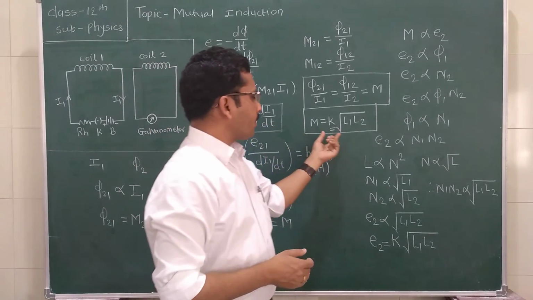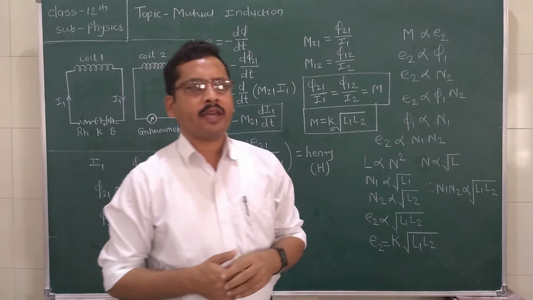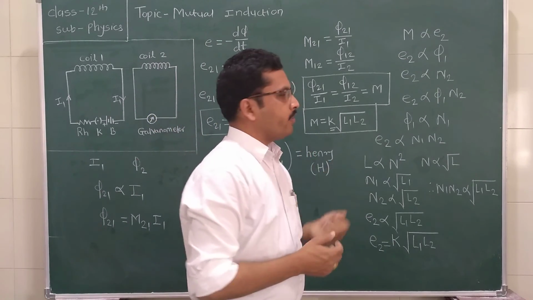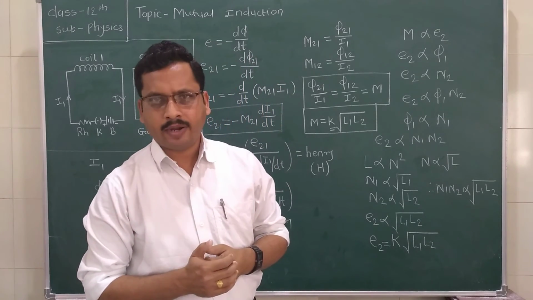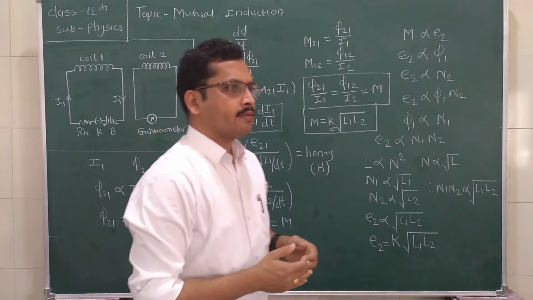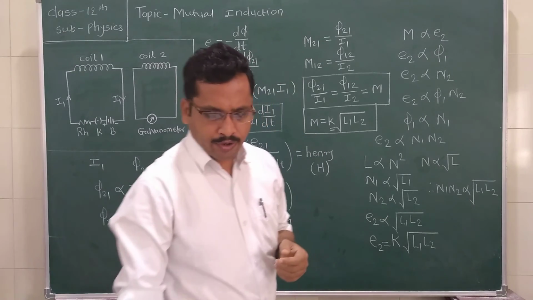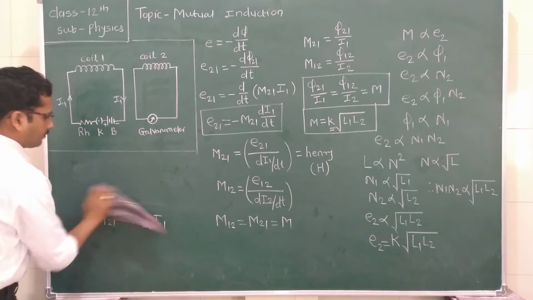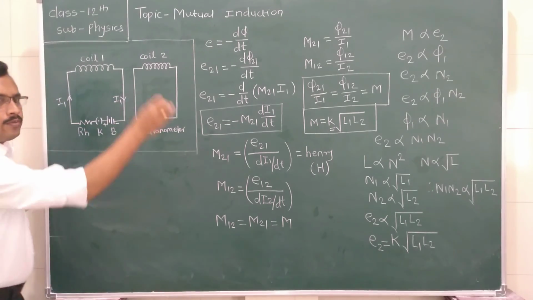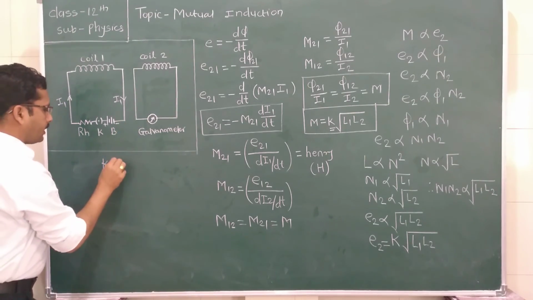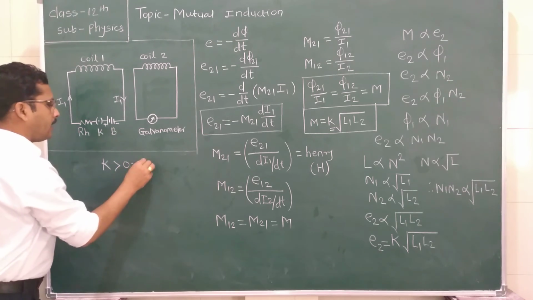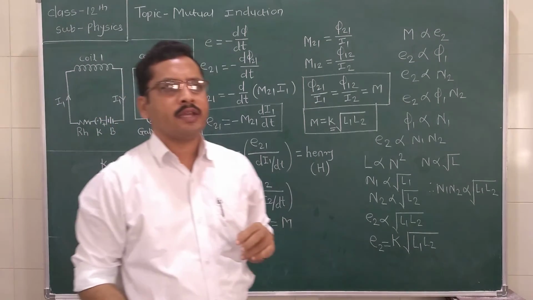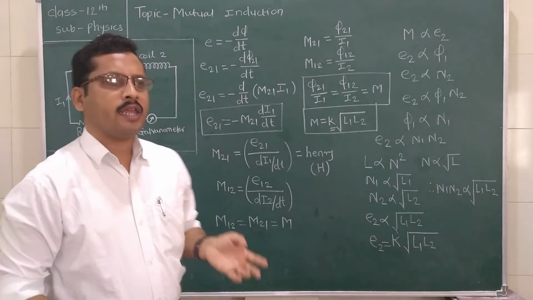If the value of k is changed, then the binding between the two coils can also be determined. If the coupling coefficient k is greater than 0.5, then we can say that the two coils are tightly bounded.